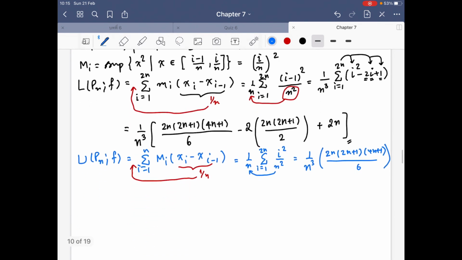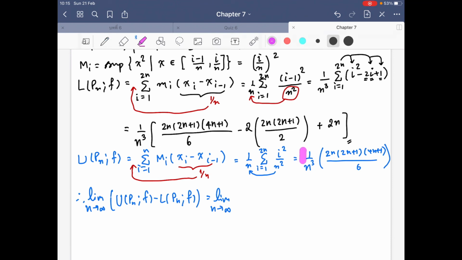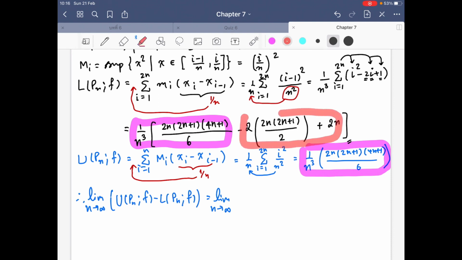So it means that if you want to find the limit of the difference between your upper sum and the lower sum, the remaining, because you see that you have this same term over here and over there, right? So after doing a subtraction, the remaining will be all these terms left, right? However, don't forget that you still have n cubed and you also have this negative, so it will be 2n plus 1 over 2 and the 2 cancels, right?